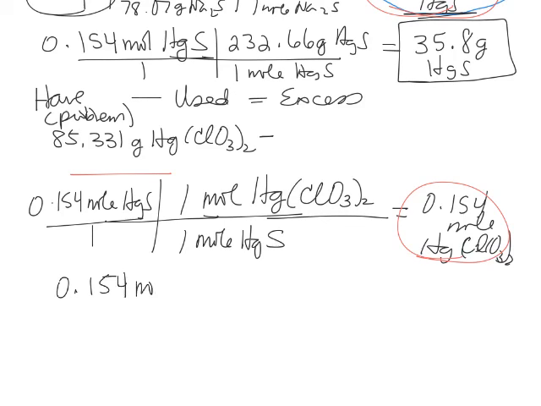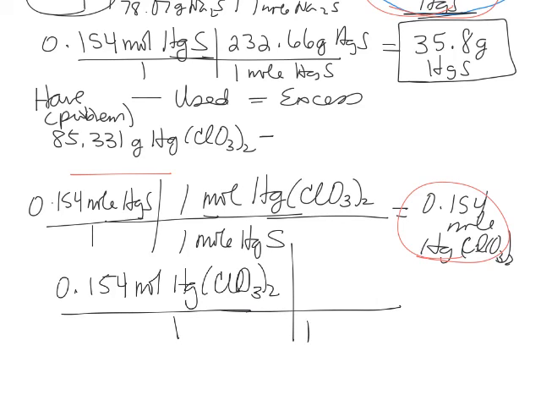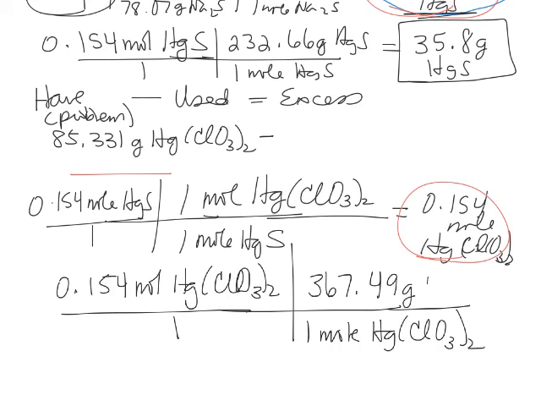0.154 mole of mercury chlorate, and we use molar mass for 1 mole of mercury chlorate. We have 367.49 grams of mercury chlorate.